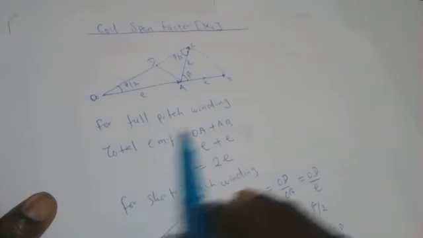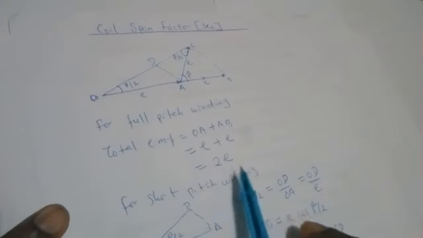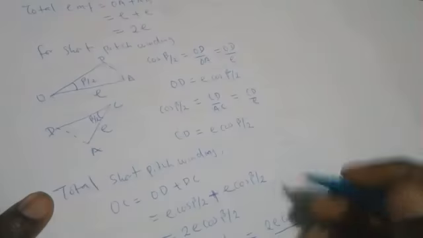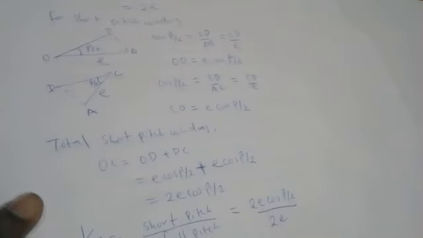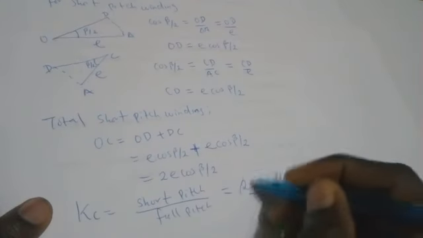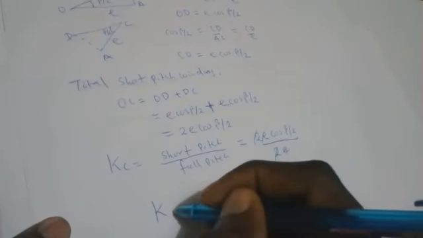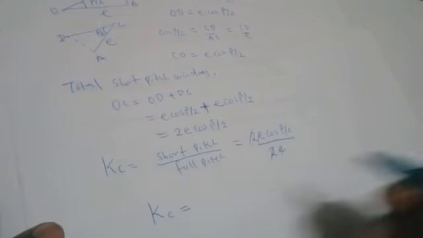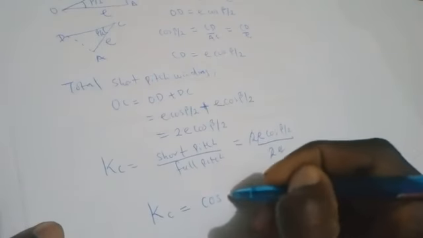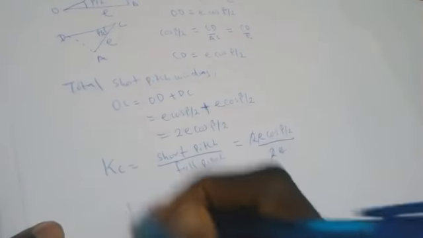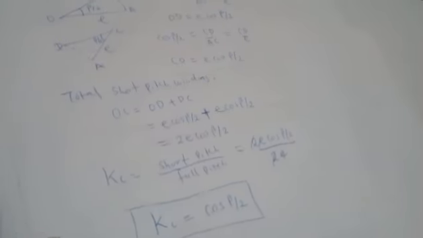We said the total EMF for full pitch winding is 2E, so divided by 2E. Very good. So from here, the 2E cancels. Now you can discover that our coil span factor Kc is cosine of beta over 2. That is how we arrived at that.